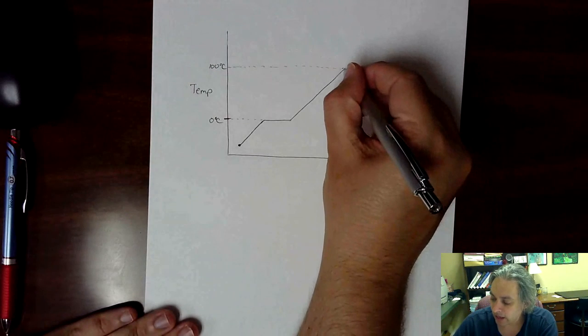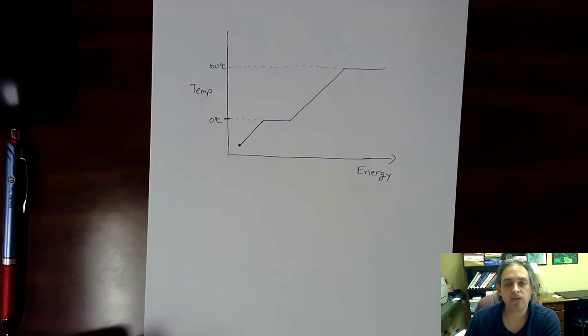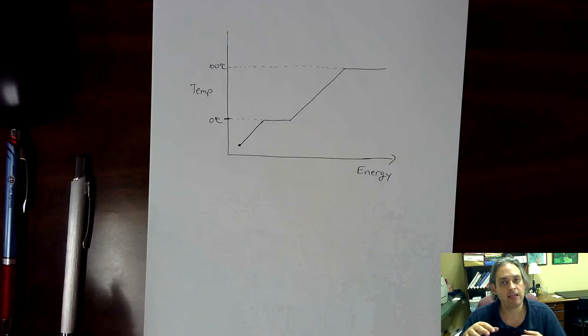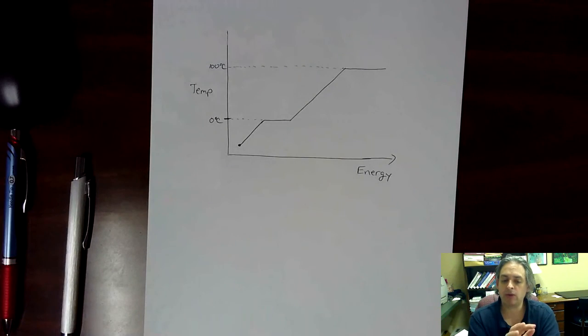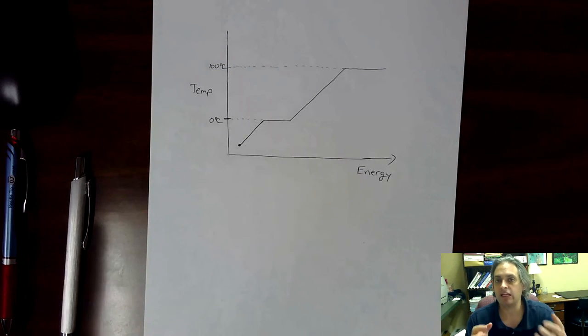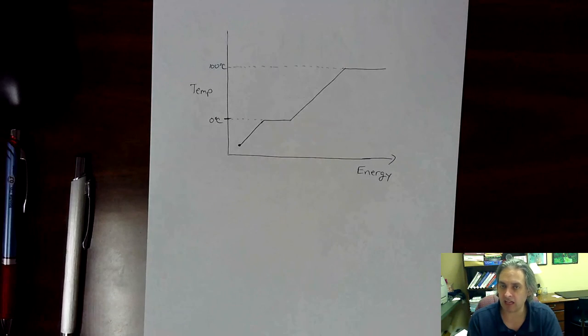Now, when that occurs, it's going to level off again. And again, it levels off for the same reason as it leveled off here. All the energy is going into those liquid molecules to separate them into the gas phase, because it takes energy to overcome that hydrogen bonding.